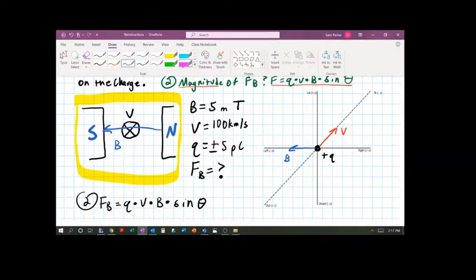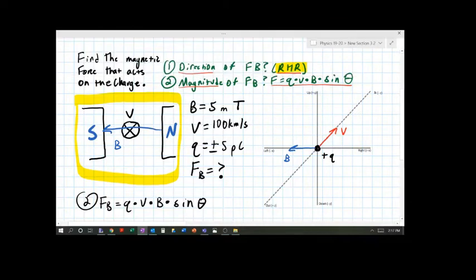We need to find the direction of the force. And there are only really two possibilities. It's either going to be up or down. But which is it? Well, the reason it can either be up or down and not anything else is because it has to be perpendicular to the velocity and the magnetic field, V and B. So the only way that can happen is if it's on an entirely different axis.